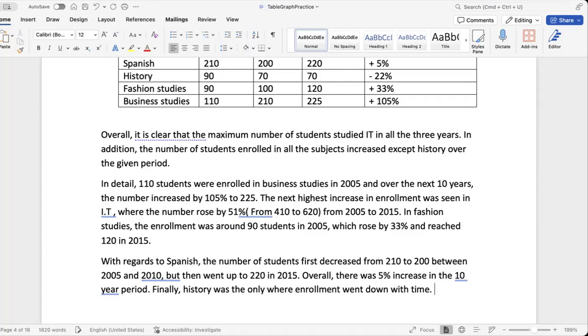It stood at 90 students in 2005. It decreased to 70 in 2010. However, it remained stable afterwards.